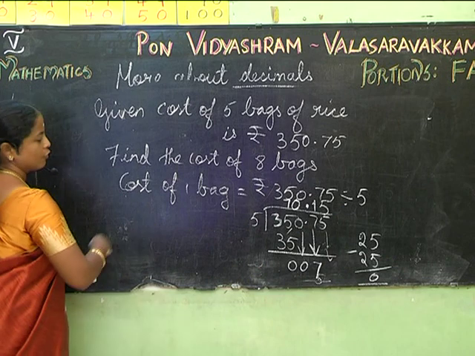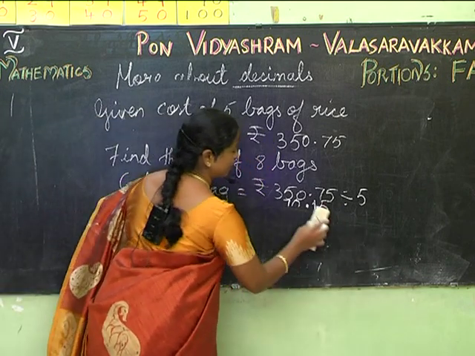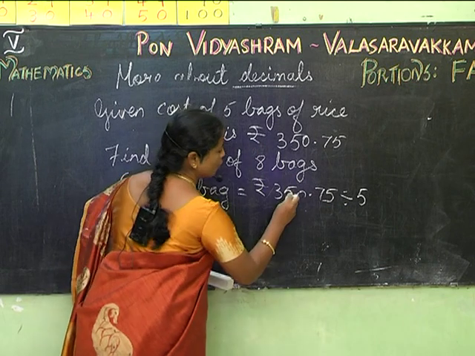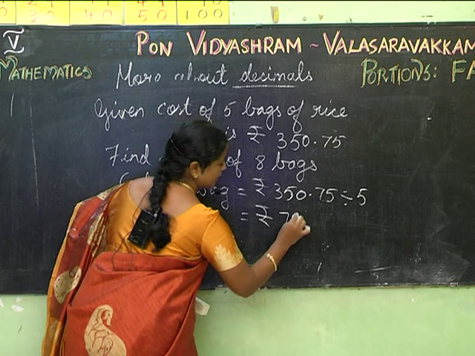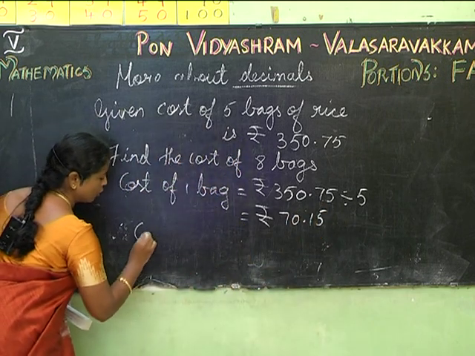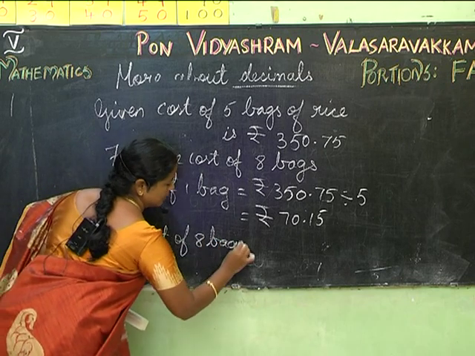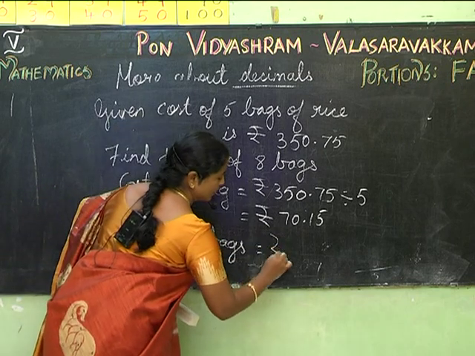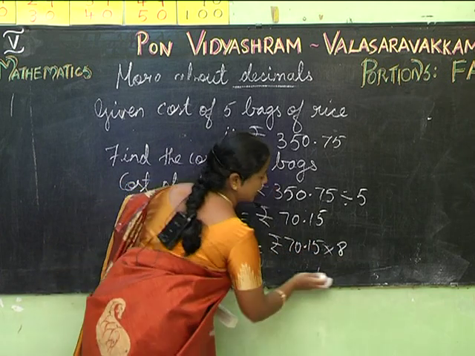The cost of one bag of rice is 70 rupees 15 paise. The cost of one bag of rice is equal to rupees 70.15. Therefore, the cost of 8 bags is equal to rupees 70.15 into 8.